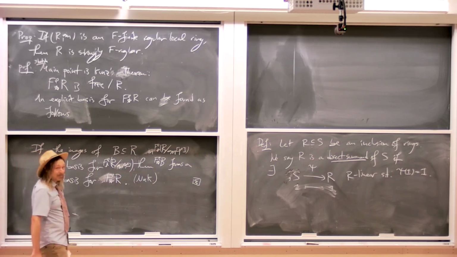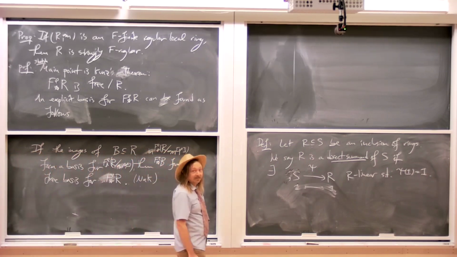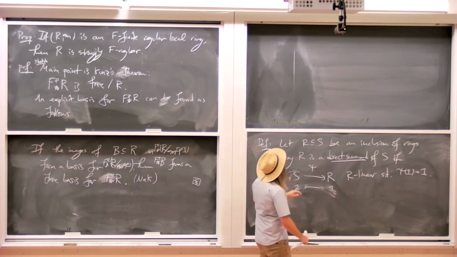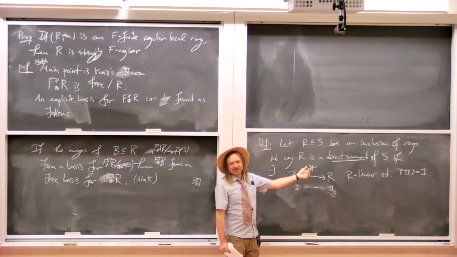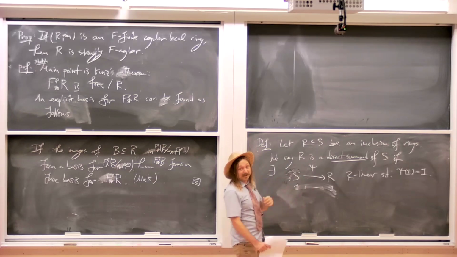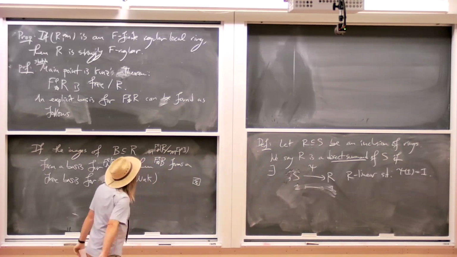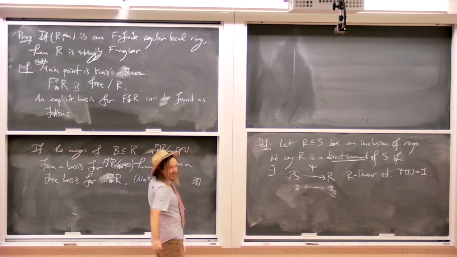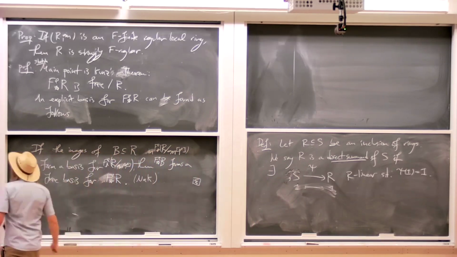This is generalizing what happened for our definition of F-split. R is a direct summand of F lower star R is another way of saying what it means to be F-split. Good. But this can happen in ways that don't look very Frobenius at all.